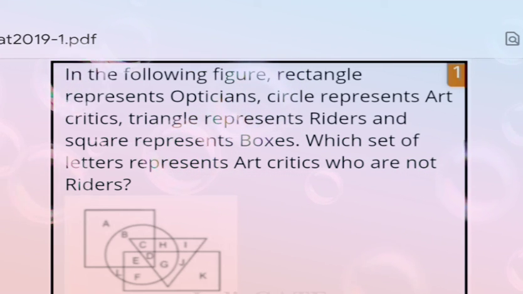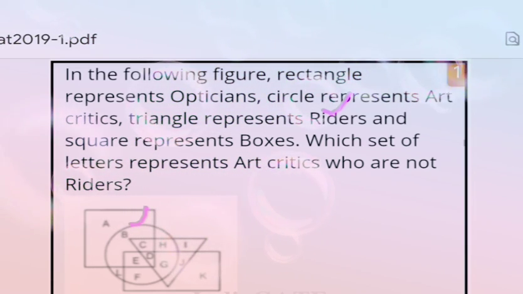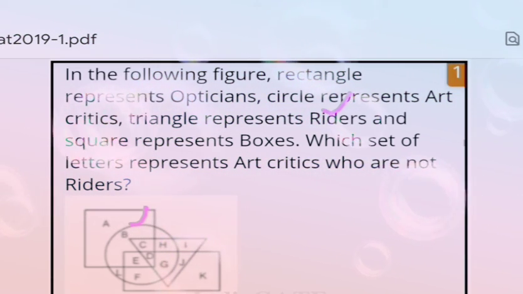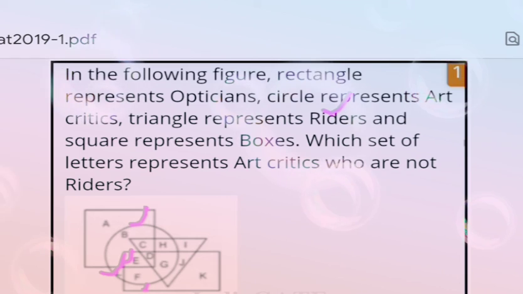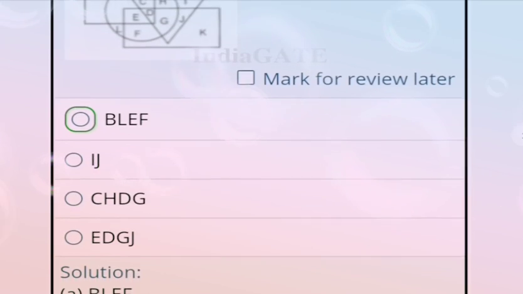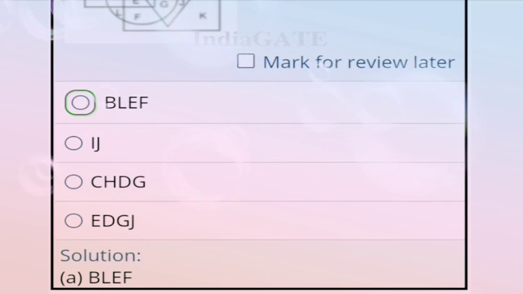Rider is represented by the triangle. So we exclude the triangle and count all the other alphabets. Here B, L, E, and F represent the art critics. So option A is your correct answer, that is B, L, E, F.